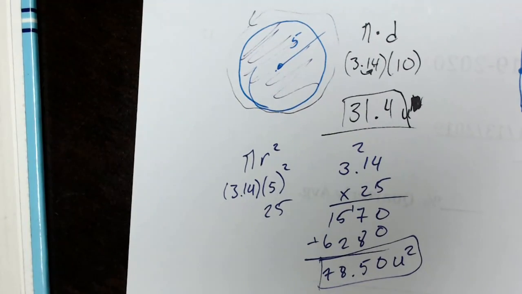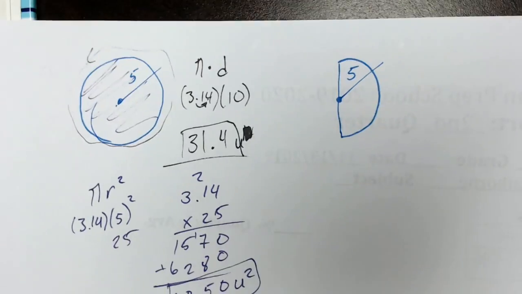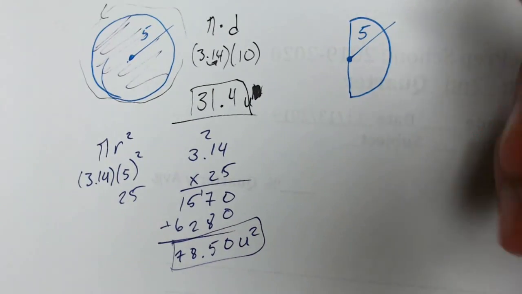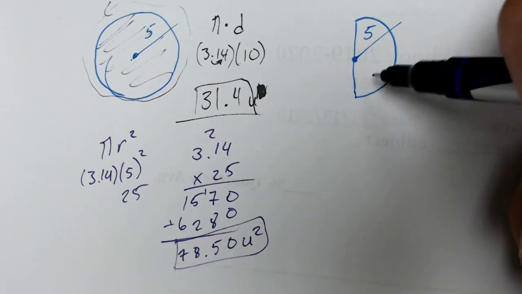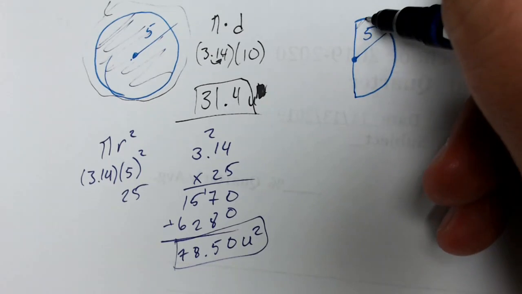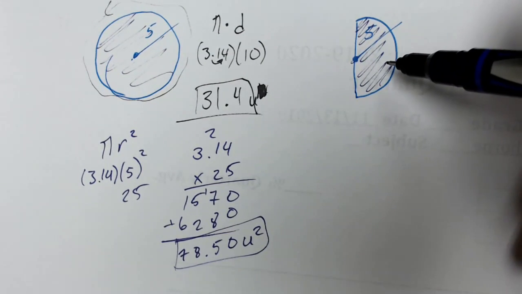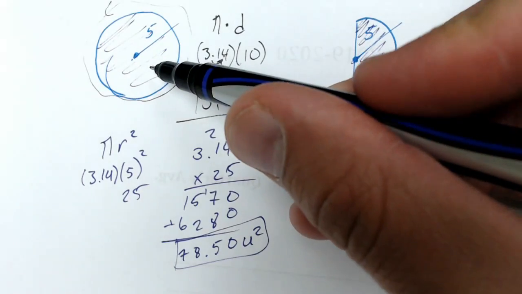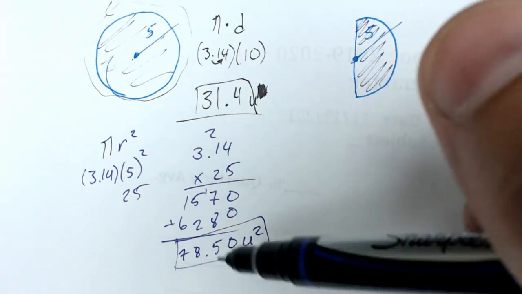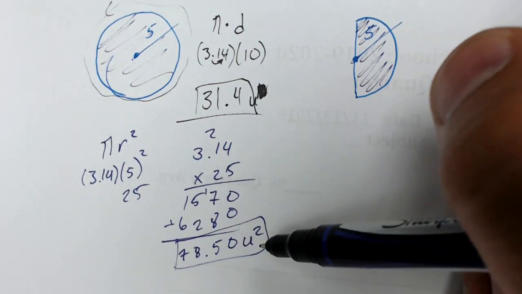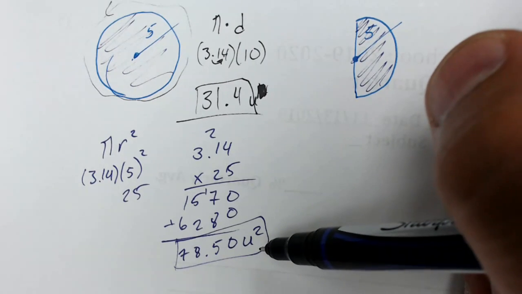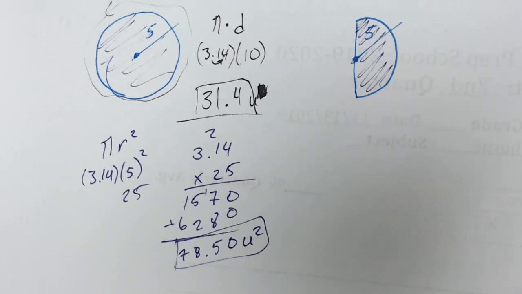Now, if I wanted to find out what half the area was of a similar semicircle with the same radius of 5, well, I can see clearly that this semicircle is half the size of this circle. So all I'd have to do is take the area of this circle, which is 78.5, divide that by 2, and I now have the area of the semicircle.